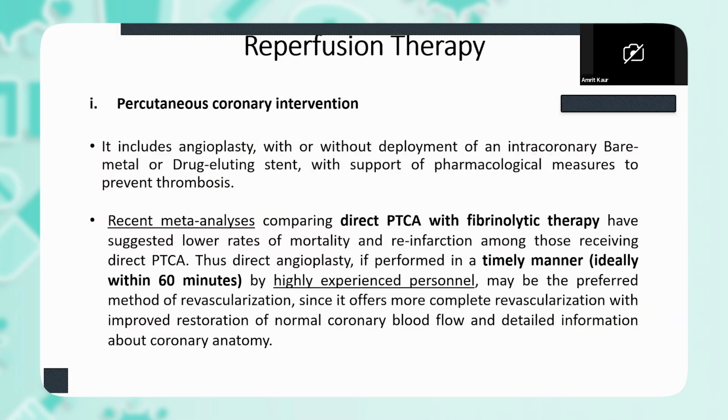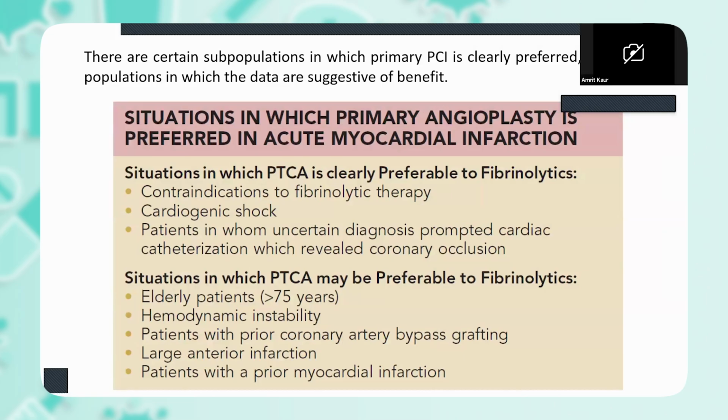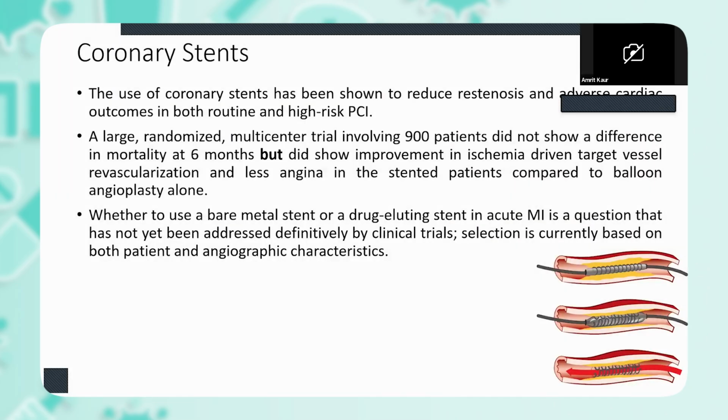We have read about PCI. The PCI has mortality benefit. So we should know that it gives you a mortality advantage. The same slides. We don't obviously need to know about stents, but just remember, when we do an angiography, we can either do balloon angioplasty or use stents.